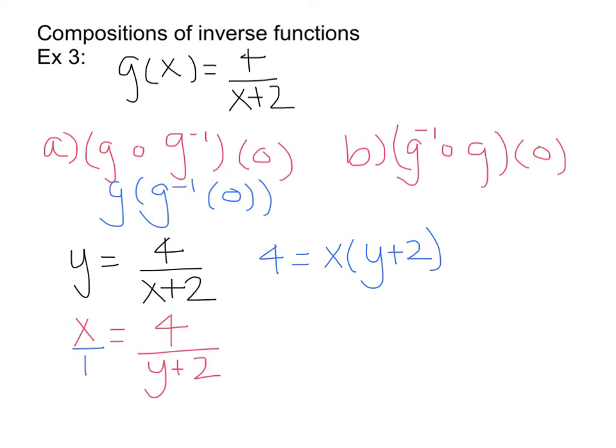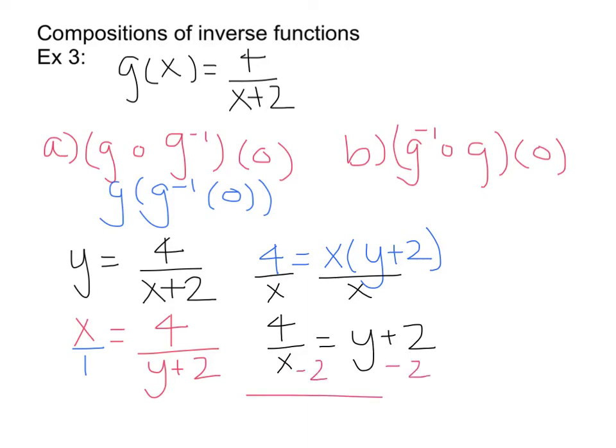To get rid of my x, I'm going to divide both sides by x. That gives me 4 over x equals y plus 2. And then to get rid of the plus 2 at the end, we just subtract 2. So the inverse, g to the negative 1 of x, equals 4 over x minus 2.